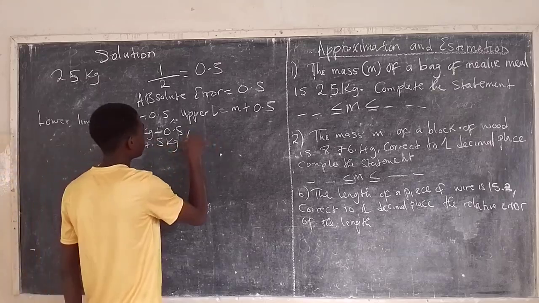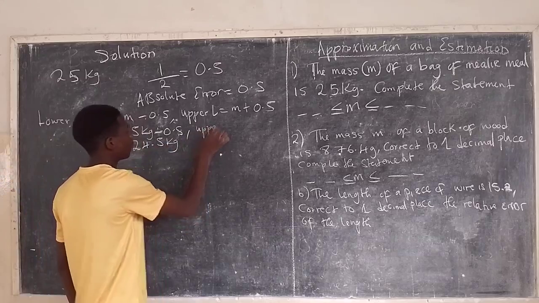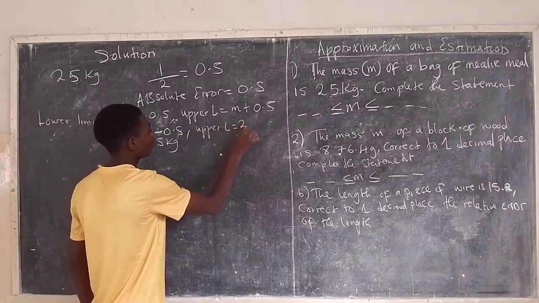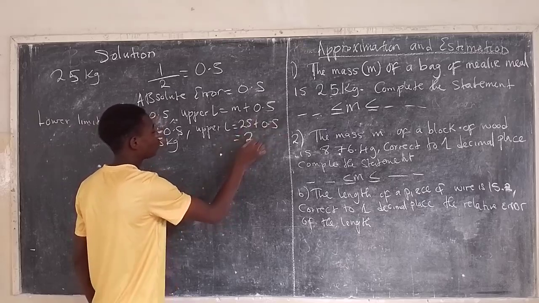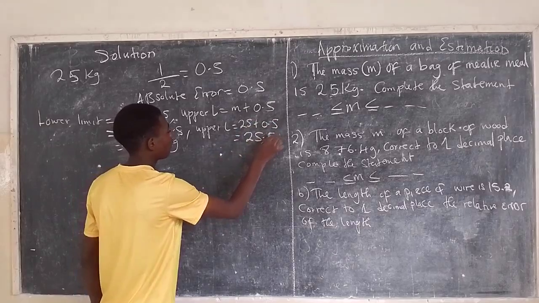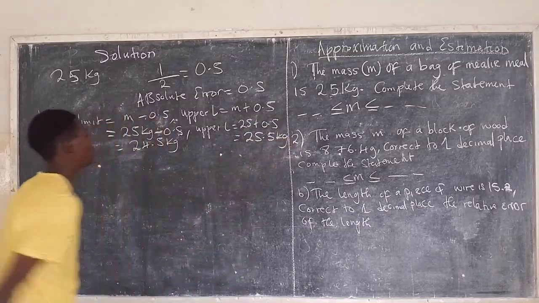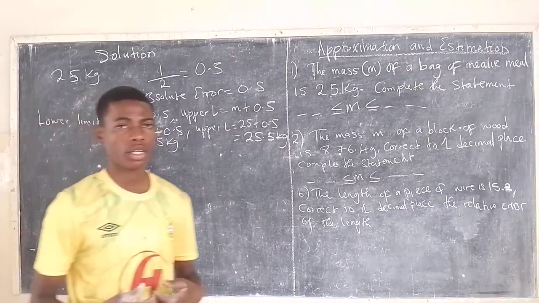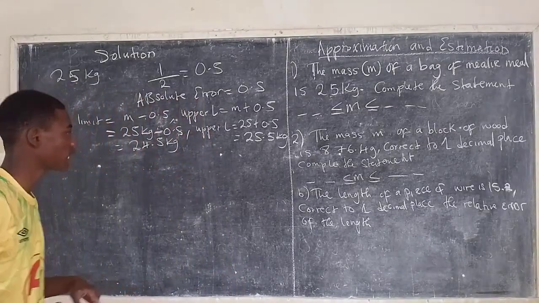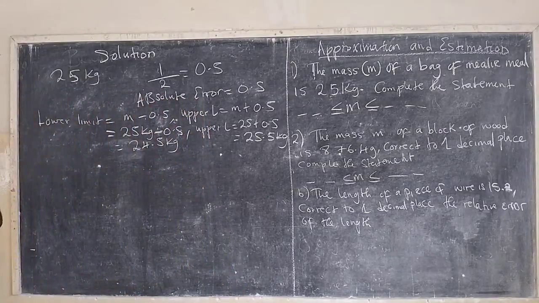If we add to make the upper limit, we are going to have 25 plus 0.5. So if we add this, we have 25.5 kg. This 25.5 kg is what we call the upper limit, the maximum limit that someone is supposed to make as a mistake.